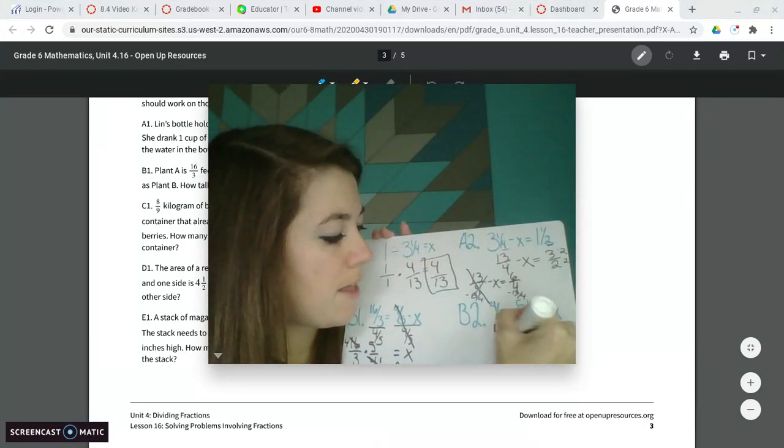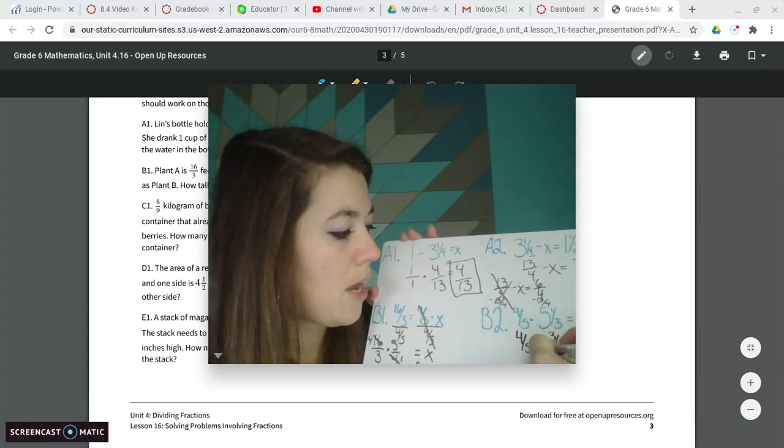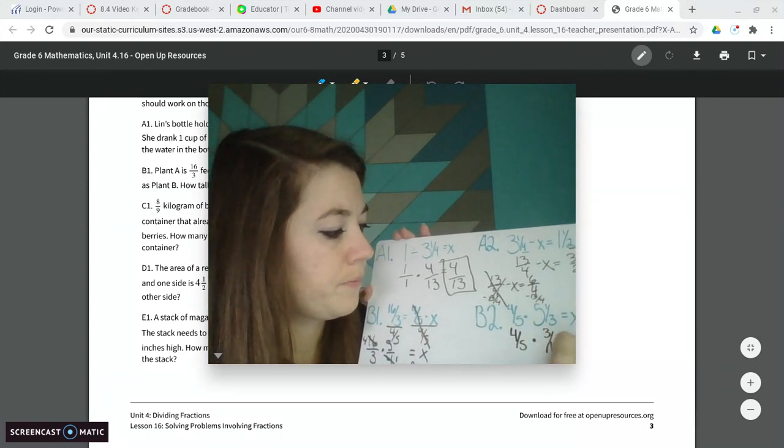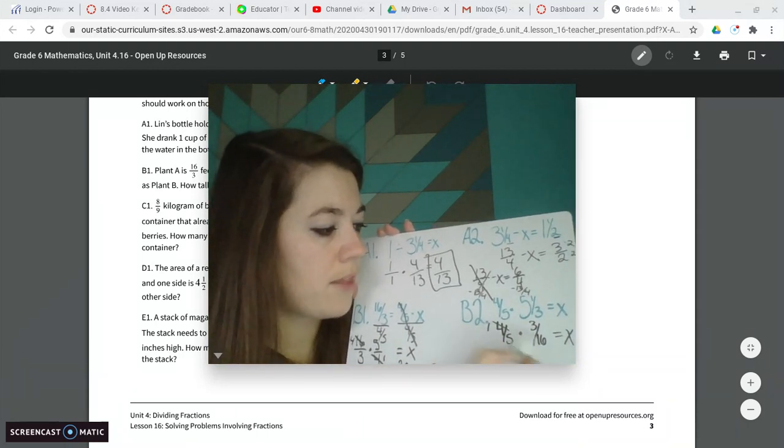So 4/5 times 16/3. If we flip it, we're going to get 3 over 16. Once again, we can cancel: divide the 4 by 4, divide the 16 by 4.